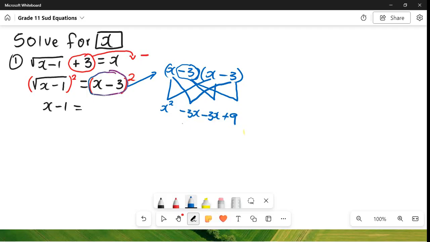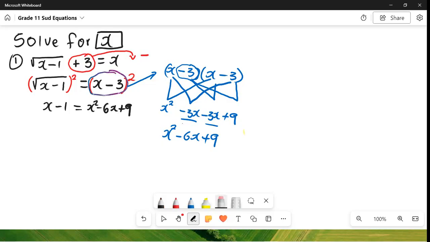I'm not going to do these kinds of examples in the next questions because we would already have done them here. So we are left with x squared minus 3x minus 3x, which is minus 6x, plus 9. So on the right hand side, we're going to have x squared minus 6x plus 9.